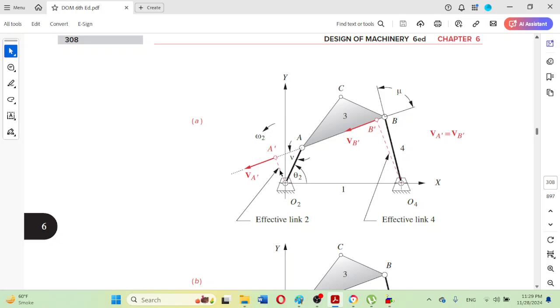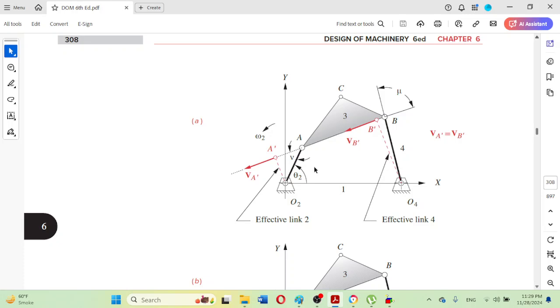as we can observe that this angle V becomes 0 when this crank O to A becomes collinear.